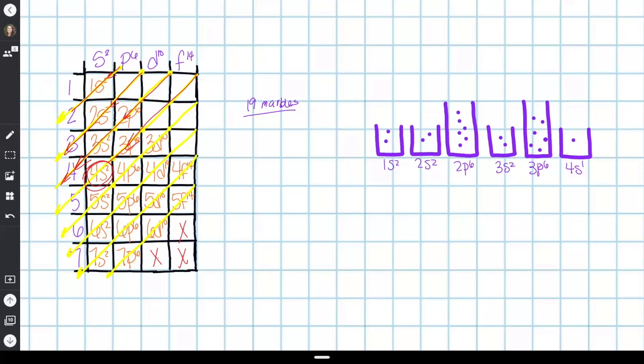Now, if you look at some other periodic tables and some other electron configuration diagrams, in some of them you will see an 8s2 or a 6f14. That's because, as you know, throughout time, and especially recently, we've discovered new atoms.